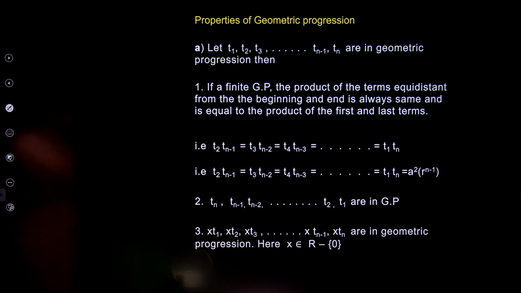And the second property: the reverse of a finite GP is also in GP. Next, the product of any number of terms is also in geometric progression. Note down, children.